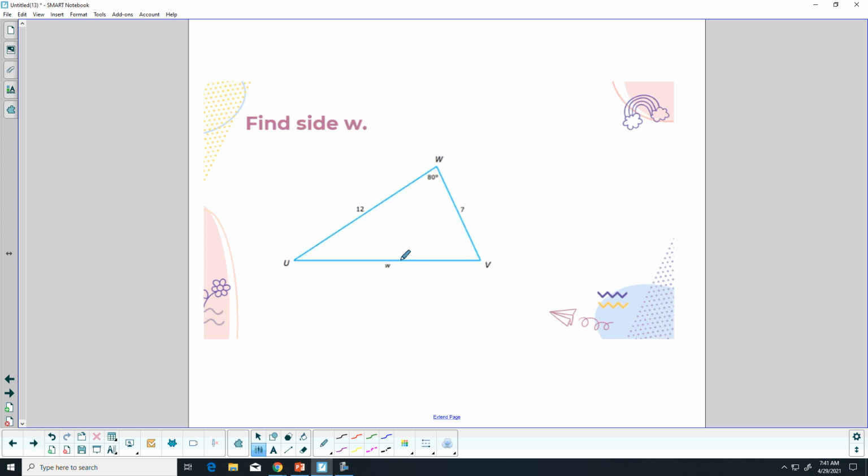On the next one, I want to find side W, and on that one, I don't have any of the other angles, so I'm not going to be able to form a proportion. So I'm going to use the law of cosines. So this will be W squared, because I know the angle opposite, is going to be 12 squared plus 7 squared minus 2 times 12 times 7, and I'm not writing the original law of cosines down. You can look that up if you need it.